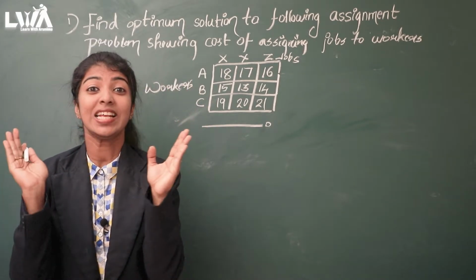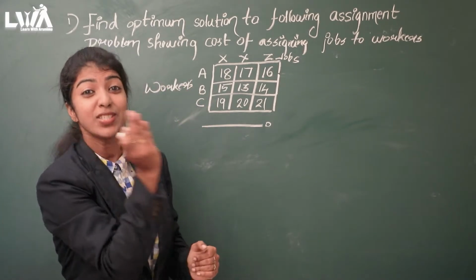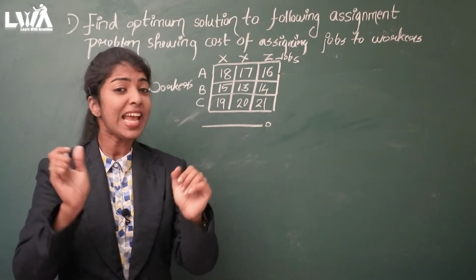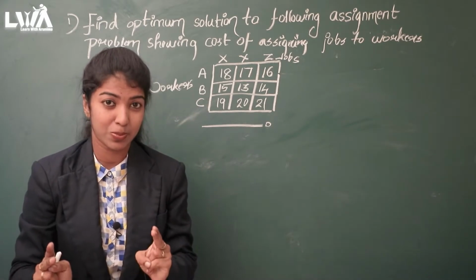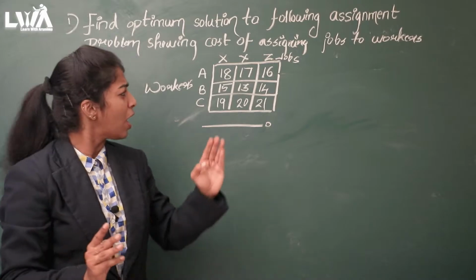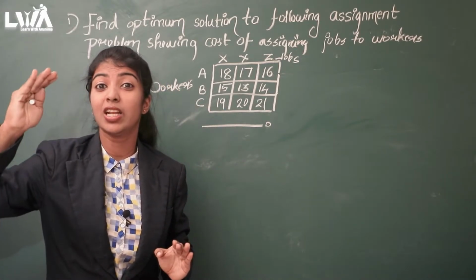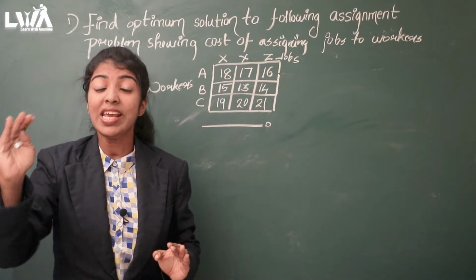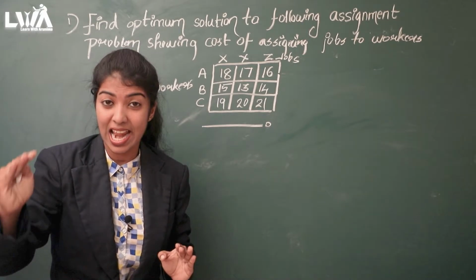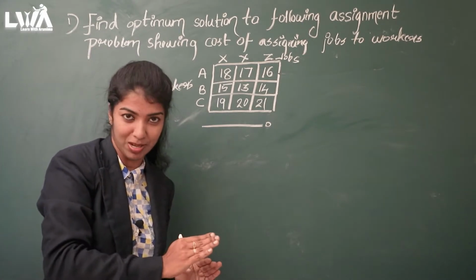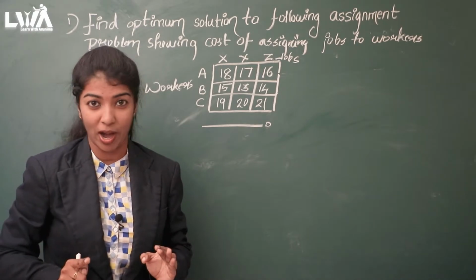Now let's look at how we can solve this problem. There are 3 steps. Firstly, from each row we have to identify the lowest element and subtract that element from all other elements. That is the first point.